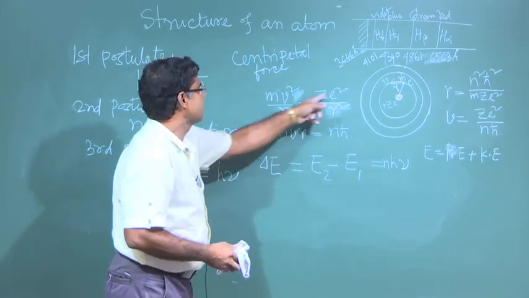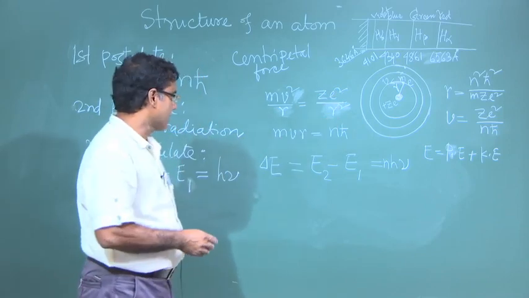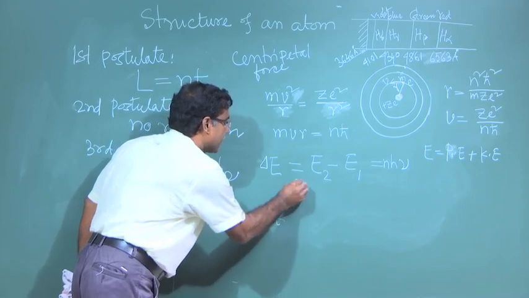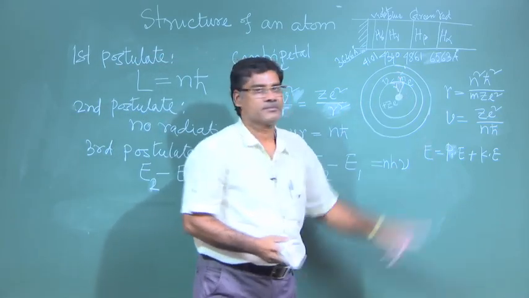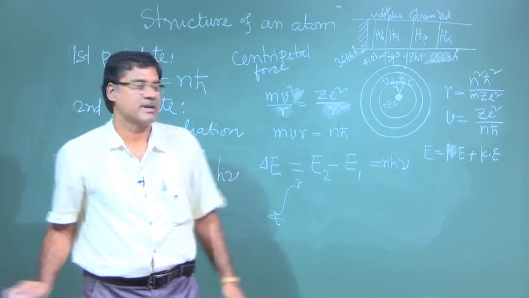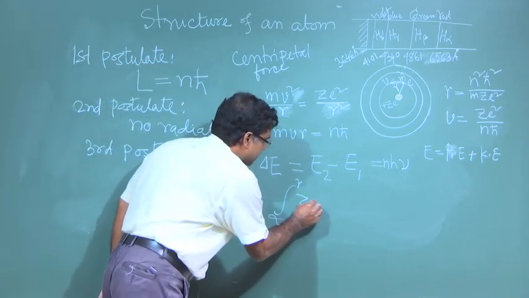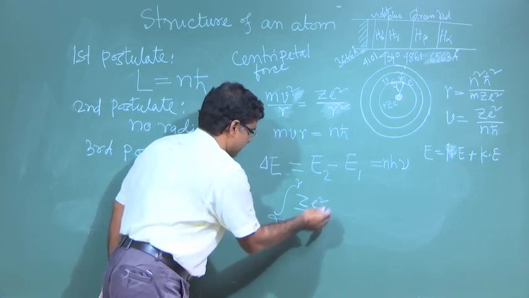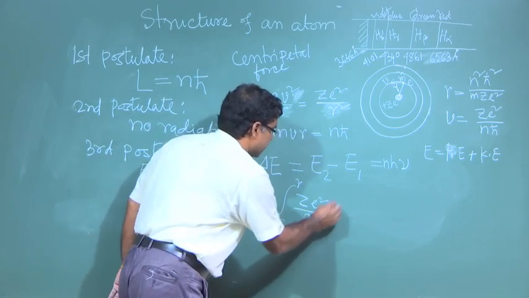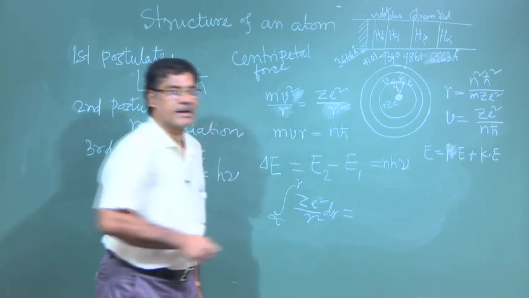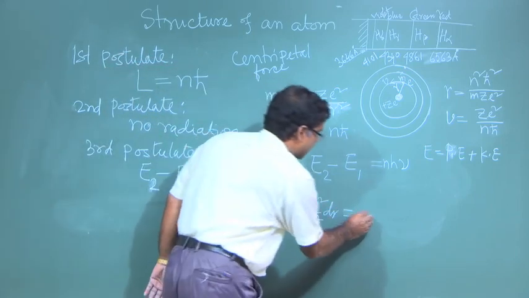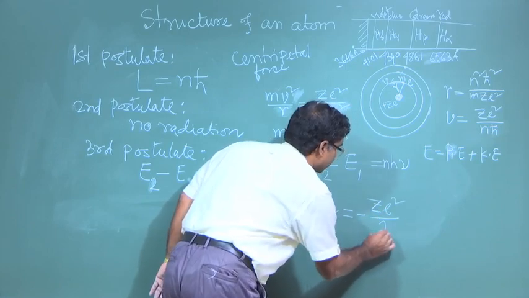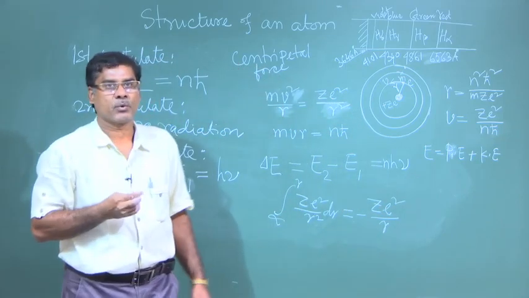So, there is the Z e square by r square force, right. So, potential energy is defined from infinity to a distance r. What is the work to be done? So, integrate Z e square by r square dr. If you integrate, you will see that it comes out as minus Z e square by r. Okay. So, that will be the potential energy.